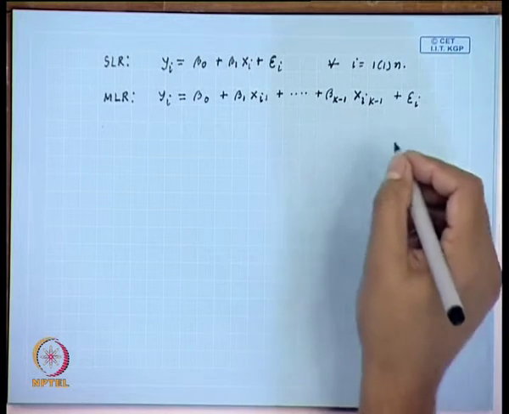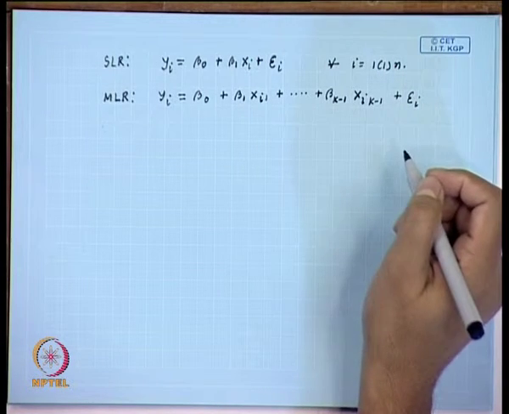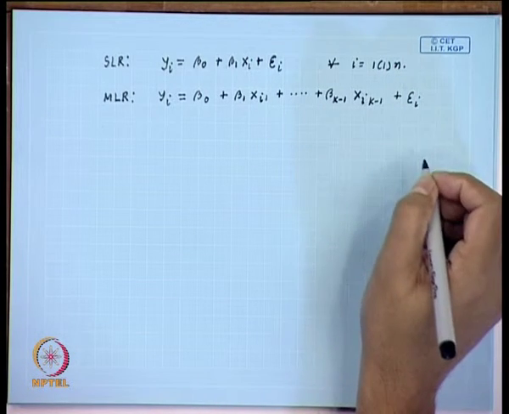Okay, so this is a multiple linear regression model with k minus 1 regressor variables.